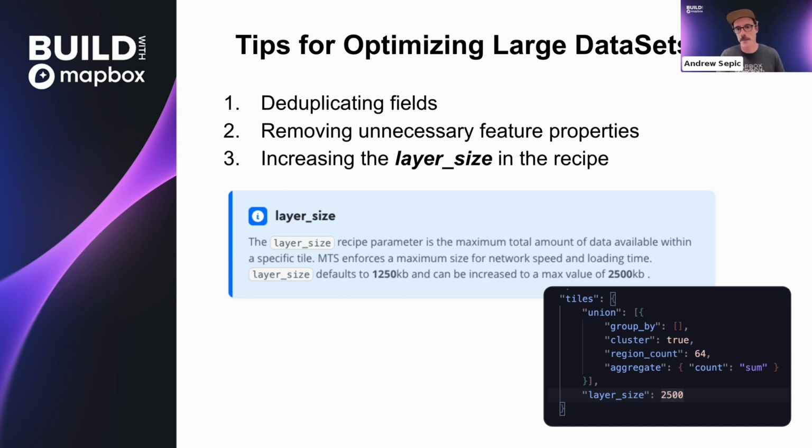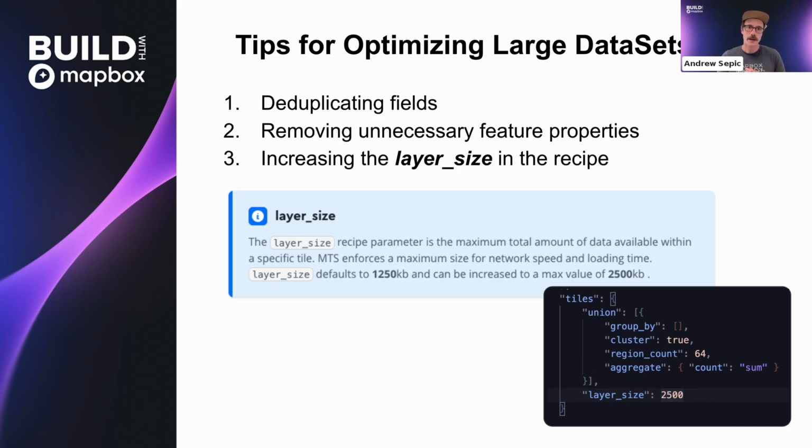So you can increase that manually to a layer size of 2500 kilobytes. But this is MTS providing safeguards on making sure the performance of your tile sets is good and will perform well across devices. So keep in mind your layer size and keeping that down to 2500 kilobytes.